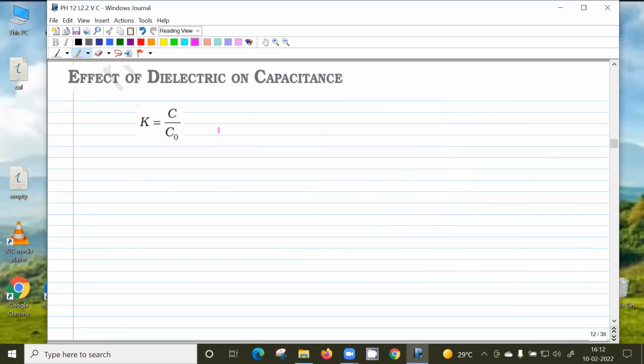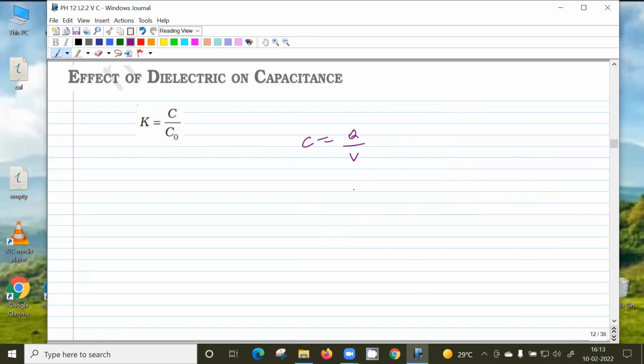Okay, effect of dielectric on capacitance. So capacitance is Q by V, right? What will have happened to the value of capacitance because of the dielectric introduction? Will it increase or decrease? Capacitance is Q by V, right?